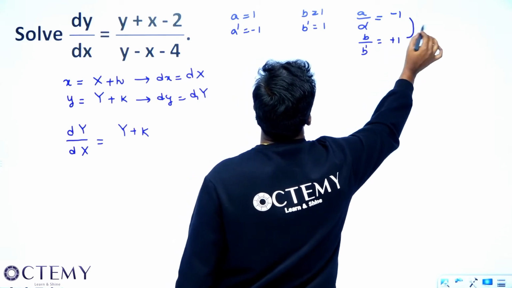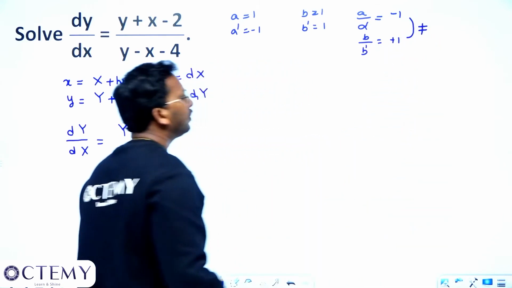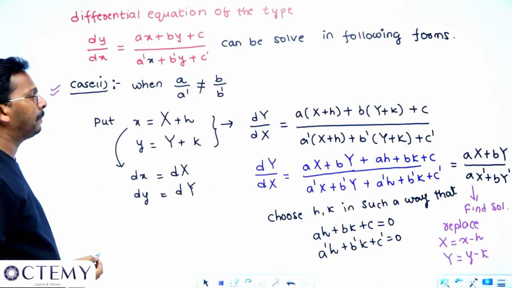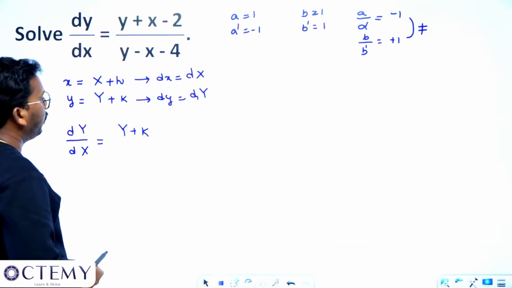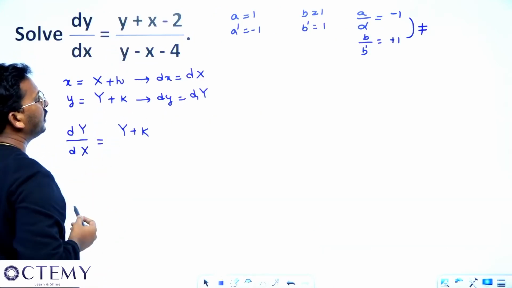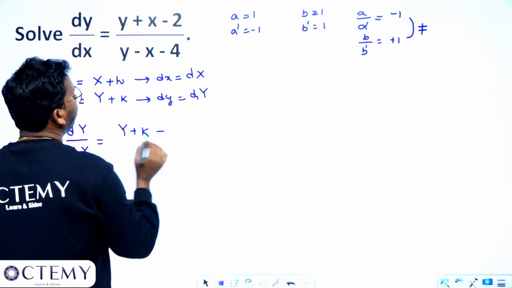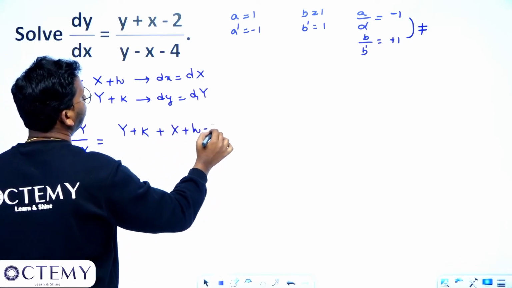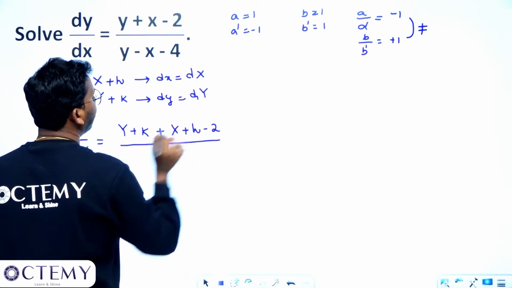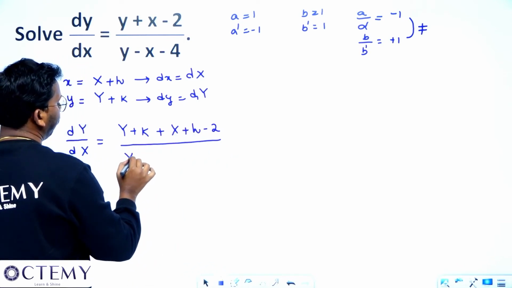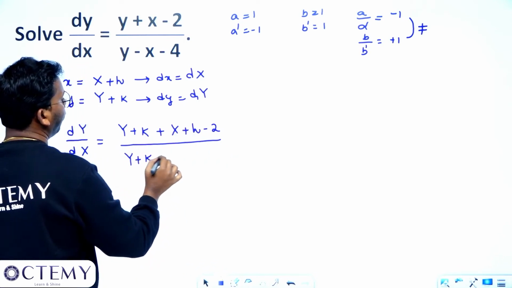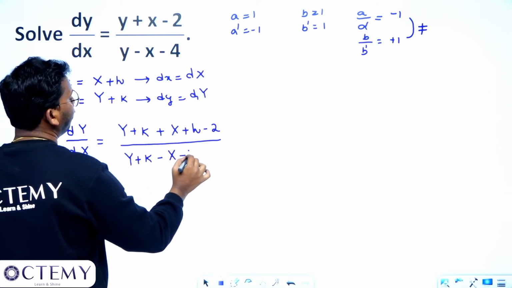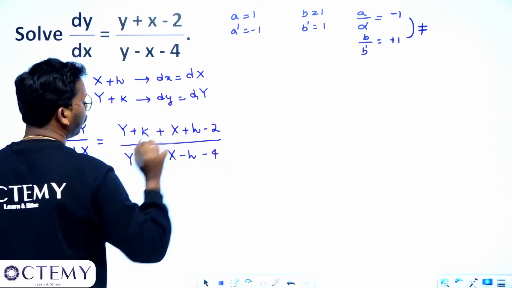So these two are not equal, right? So that's why case 1 we have to apply. See sir, what we are doing? We are replacing small y with capital Y plus k, and x with capital X plus h, so we get (Y + k + X + h - 2) divided by (Y + k - X - h - 4).